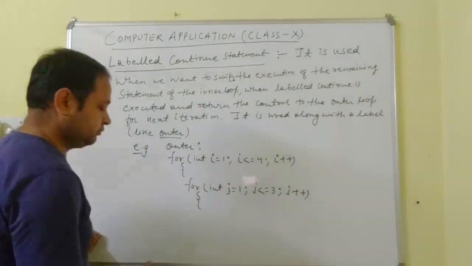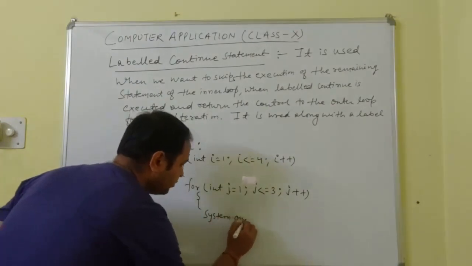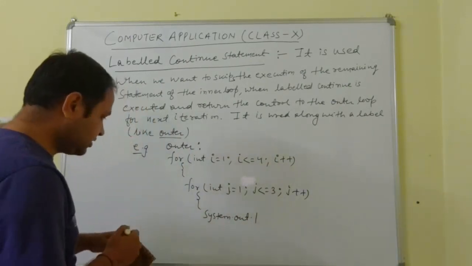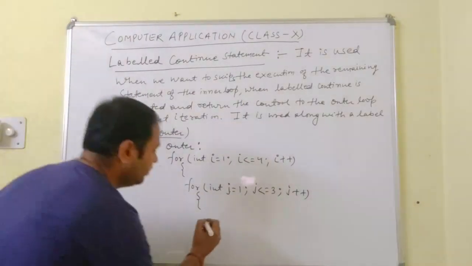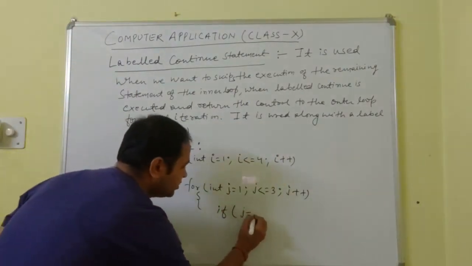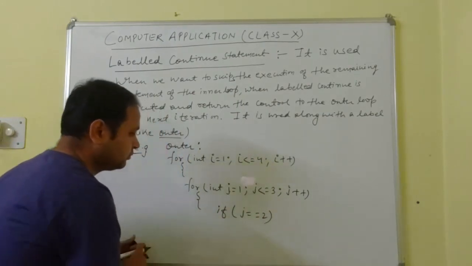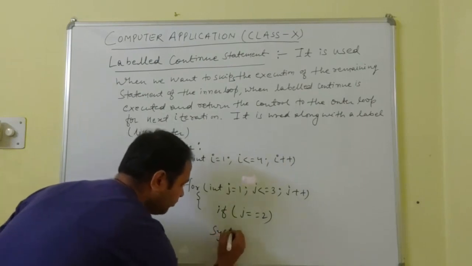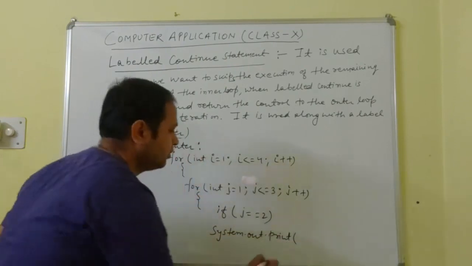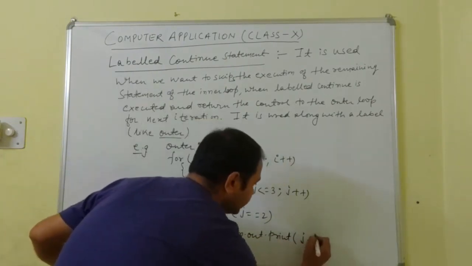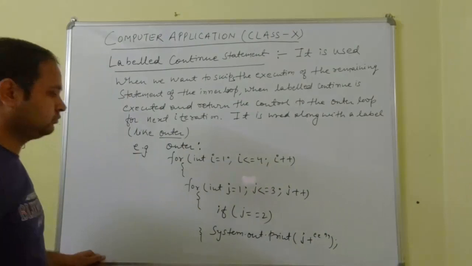And then I write the system dot out dot println after the condition. I write here condition if j is equal to 2, then I leave a line over here. Then I write system dot out dot print j plus inverted comma, closing of the inner loop.